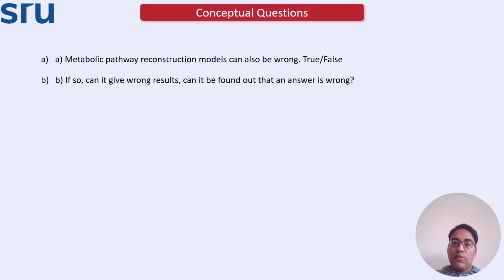Conceptual questions. Just like I discussed in the last part also, metabolic pathway reconstruction models can be wrong if a wrong data set is considered or any of the steps is wrongly taken up. All this accuracy is derived from six individual sub-steps.